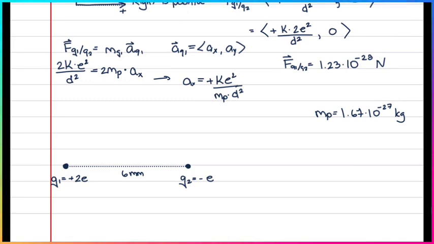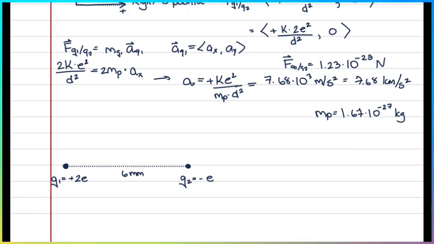That ultimately wins out. This acceleration at the end of the day is 7.68 times 10 to the 3 meters per second squared. Or, looks like it's 7.68 kilometers per second squared.